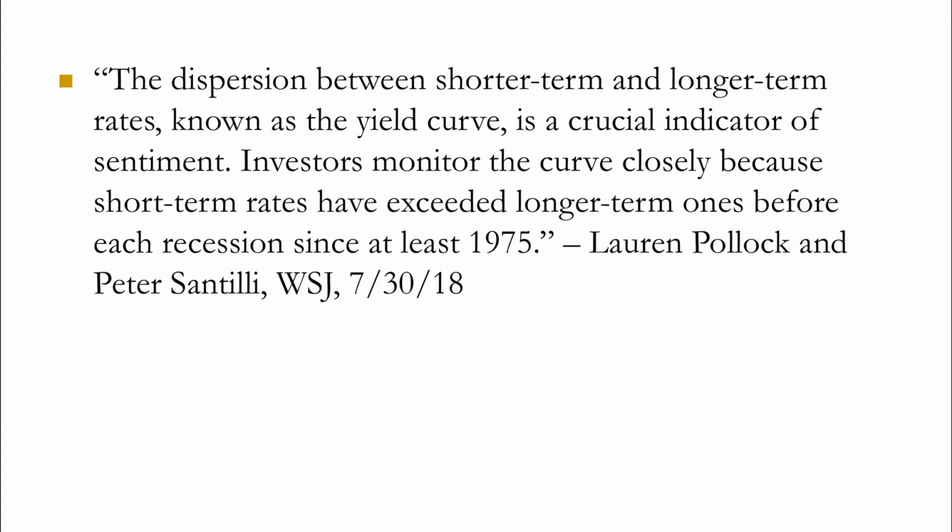So investors monitor the curve closely because short-term rates have exceeded long-term ones before each recession since at least 1975. So before each recession since 1975, there has been an inverted yield curve. Now, that doesn't mean that there hasn't been an inverted yield curve without a recession, but it is certain that before each recession since at least 1975, there has been an inverted yield curve on these securities.